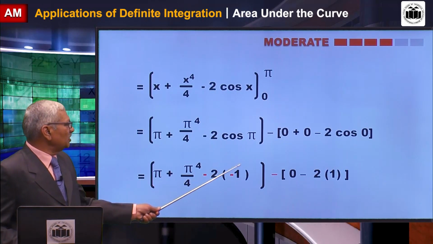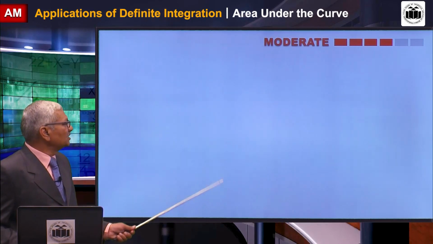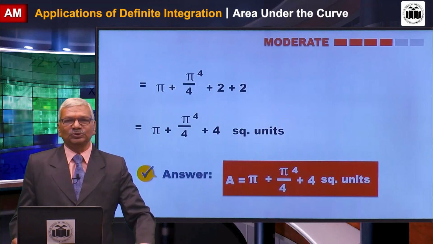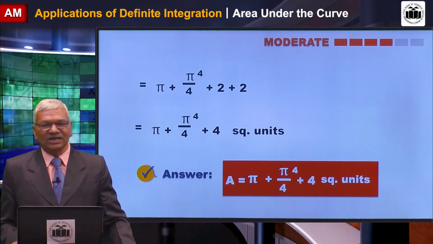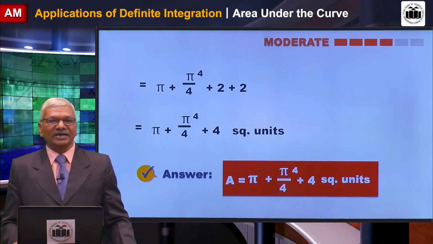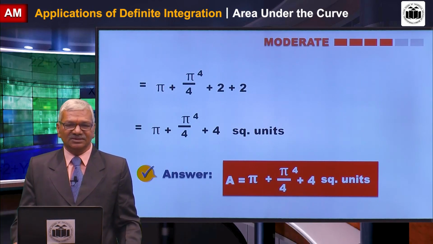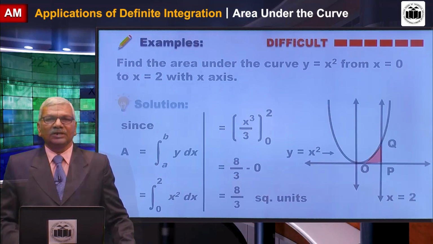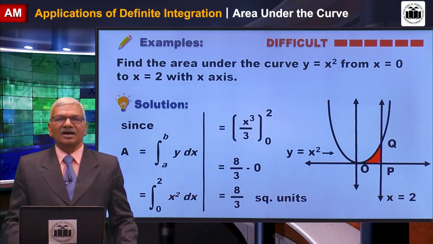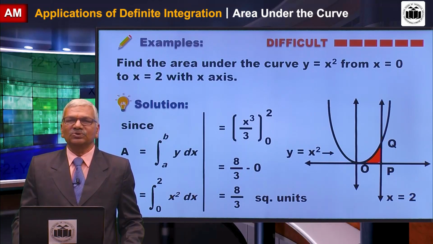So plus 2 plus 2. What do we get? We get plus 4. Otherwise, you would have got minus 2 minus 2. Understand this? Okay.